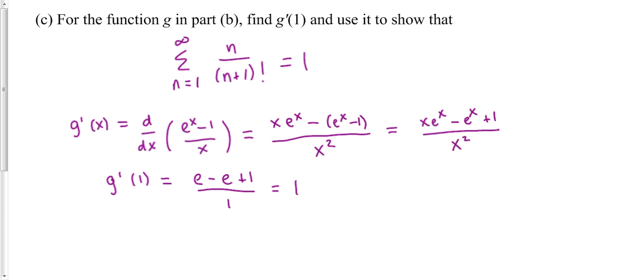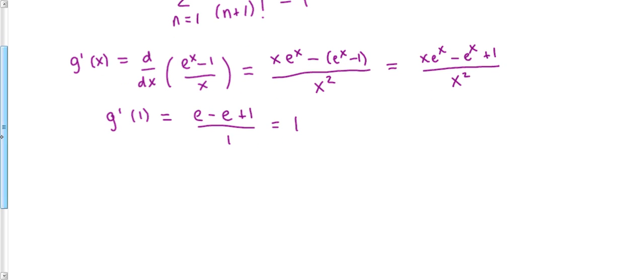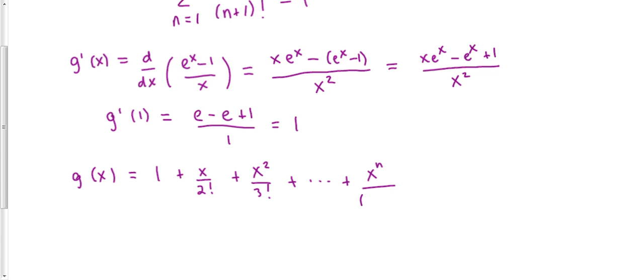All right, so now we want to look at the power series representation. So let's just remember that g of x is equal to 1 plus x over 2 factorial plus x squared over 3 factorial plus dot dot dot plus a general term that's x to the n over (n plus 1) factorial. And then of course this goes out to infinity.